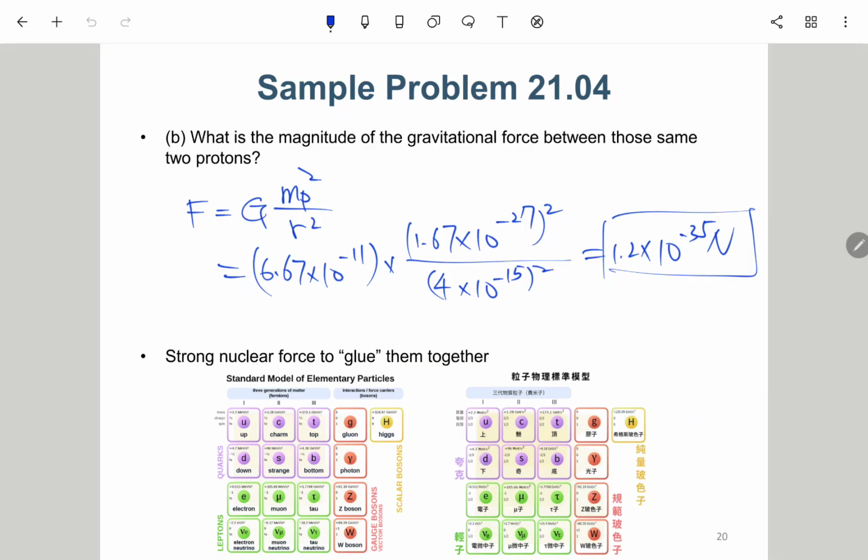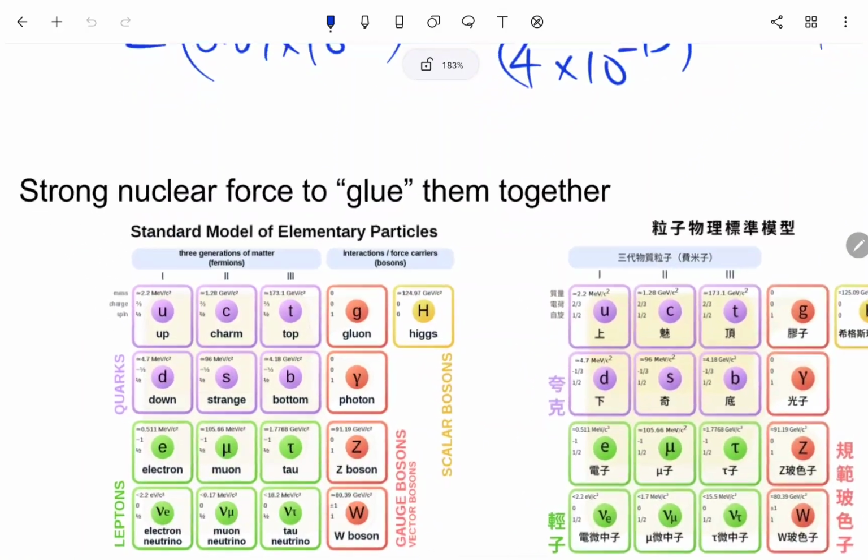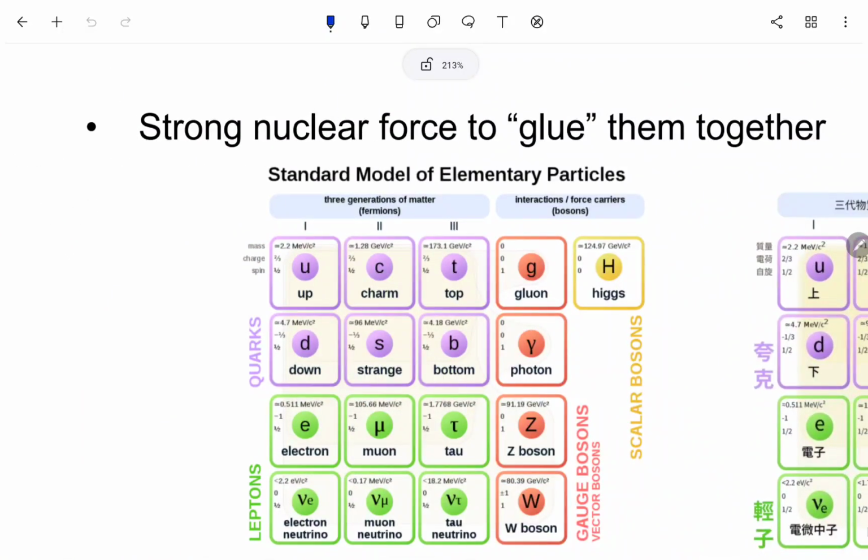If you are interested in physics, there is something called the standard model of elementary particles. Of course we don't go too deep or ask you in the exam, just let you know some of the physics stuff.